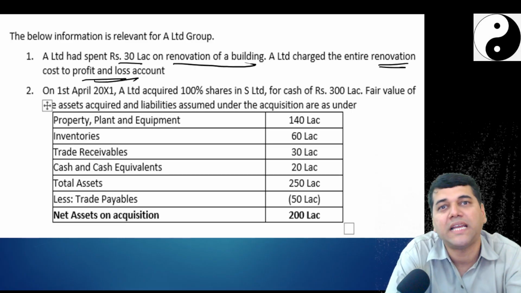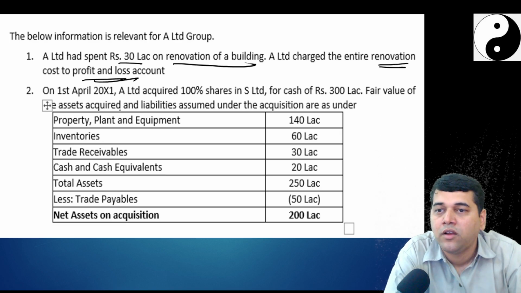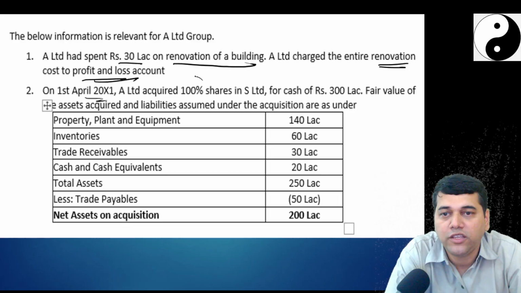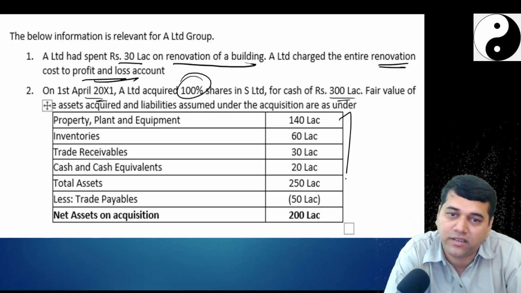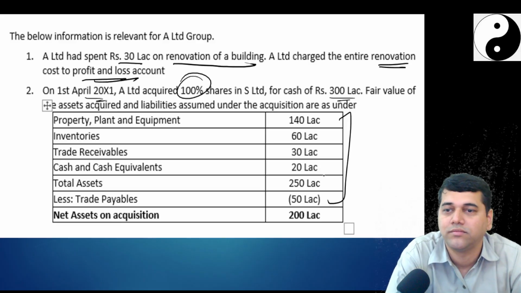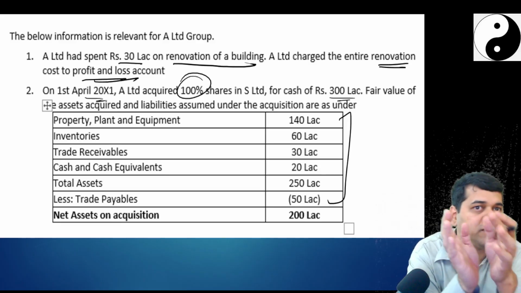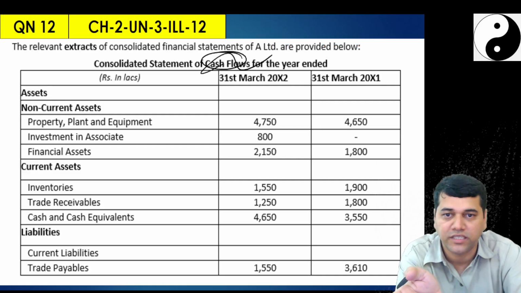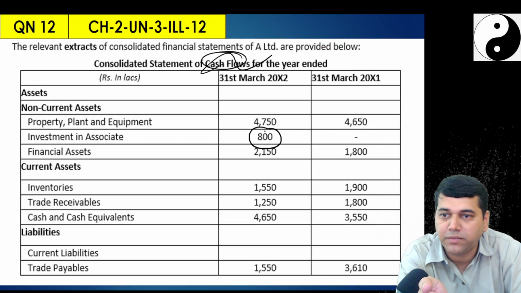So it's an investment activity as such, but it is coming as an operating expense. On 1st April 2011, acquired 100% of the shares for 300 lakh cash. They have given you the net assets. You understand what to do? If you look at the closing balance sheet, this closing balance includes one investment here.